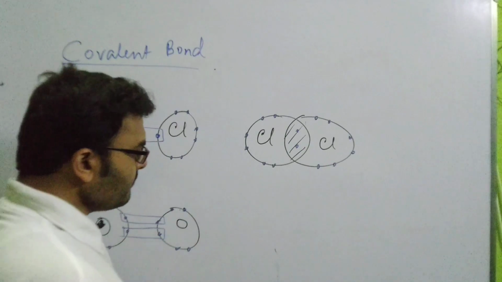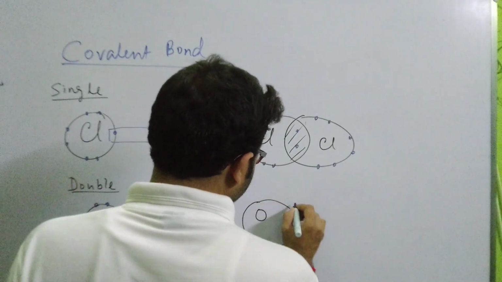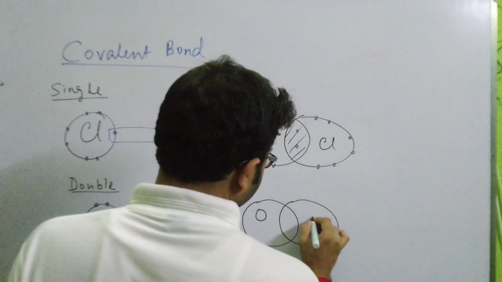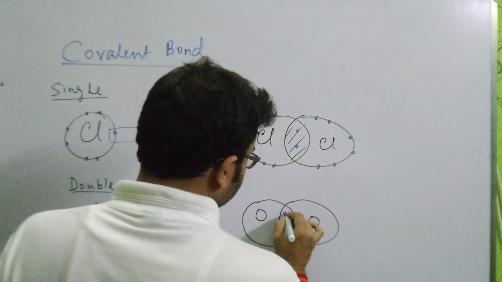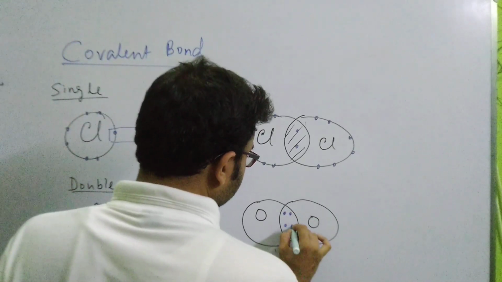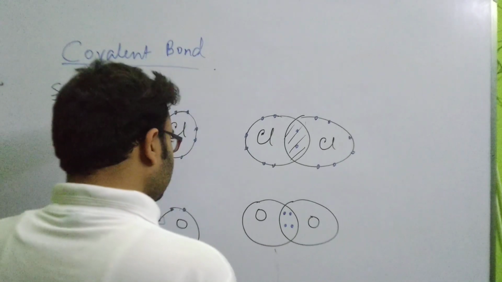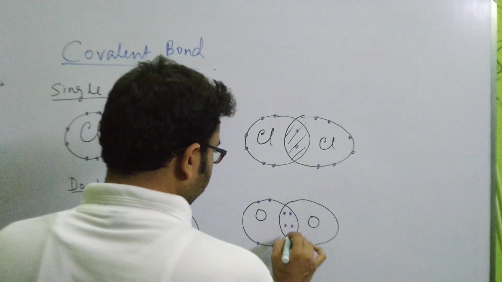Thus the oxygen molecule will show some structure like this. So here is one, here is another, here is one, here is another. Now see, 1, 2, 3, 4, 5, 6 and 7, 8.